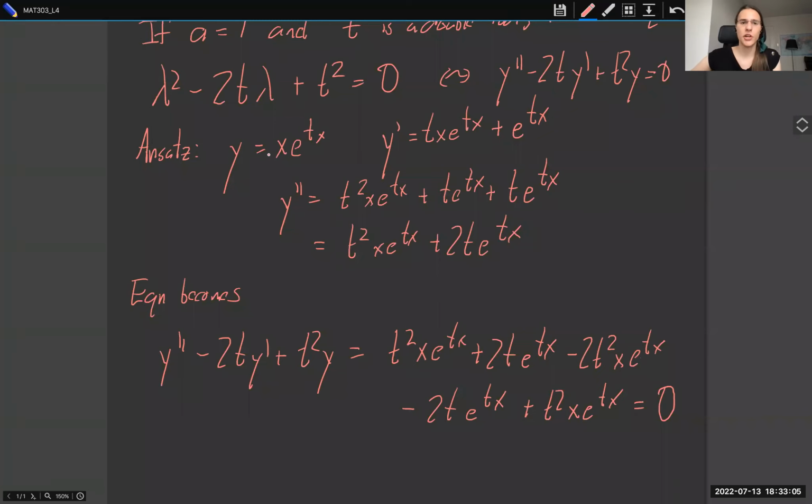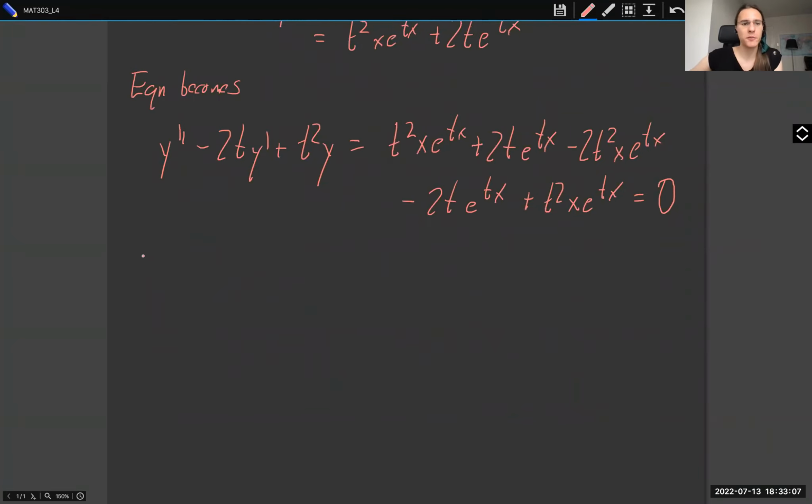So it is a solution, but there's actually a better proof. The better proof is, let D denote the differentiation operation with respect to x.